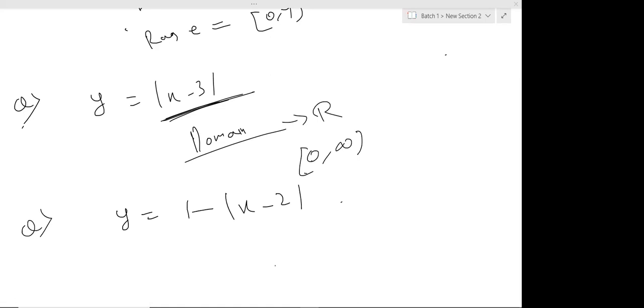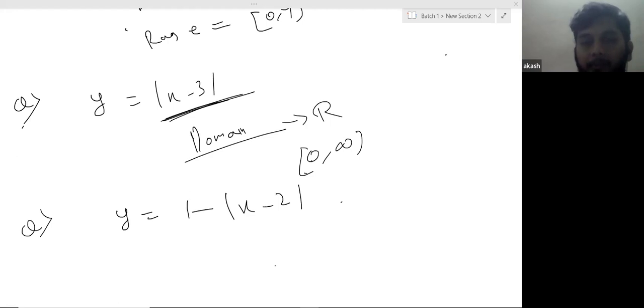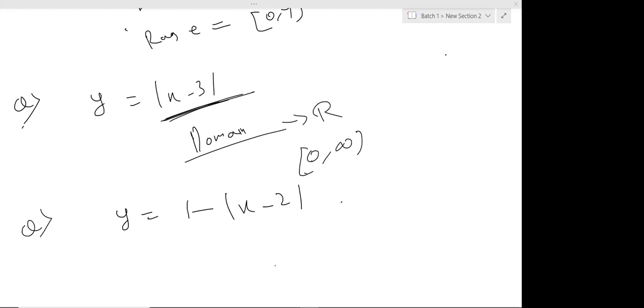Let's try this question. y equals to 1 minus mod of x minus 2. Try to find the domain and range of this function. Sir, completed. Tell me the answer.